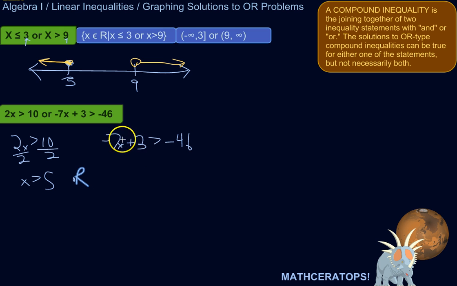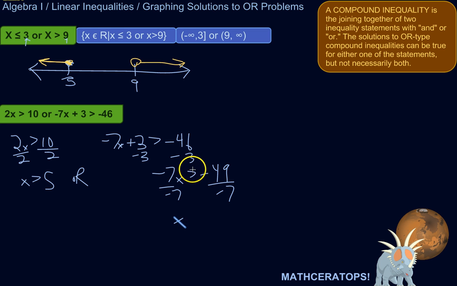so this looks like it'll take a couple steps to solve. So I want to get x by itself. So let's first get that 3 out of there. So we're moving it to the other side of the inequality by subtracting 3 from both sides. So we've got negative 7x is greater than negative 46 minus 3, which is negative 49. And then I want to divide both sides by negative 7.